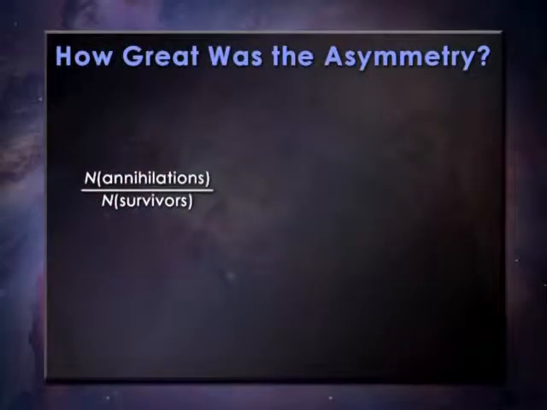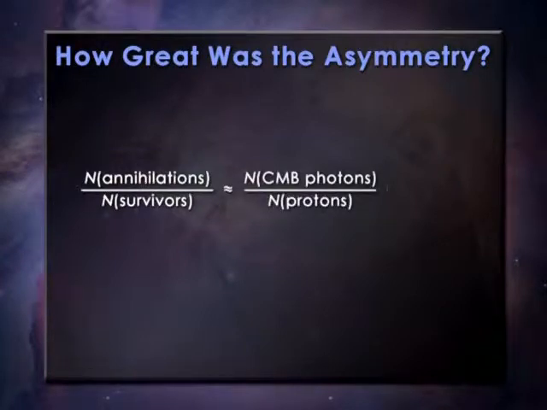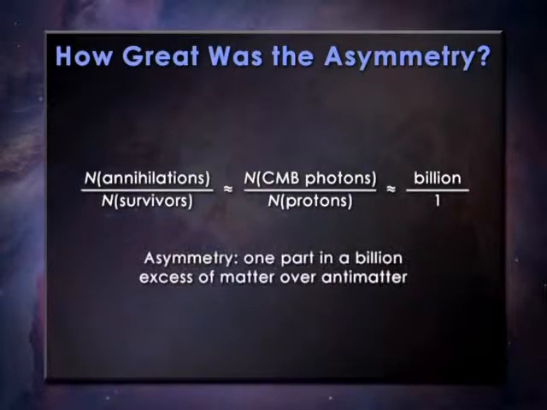So the ratio of annihilations to surviving protons is the same as the ratio of the number of microwave background photons to cosmic protons. And we know what this number is. It's about 1 billion. So there's your matter-antimatter asymmetry. 1 part in 1 billion excess of matter over antimatter. It's a very, very slight excess.